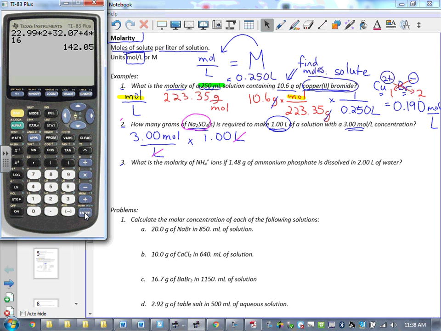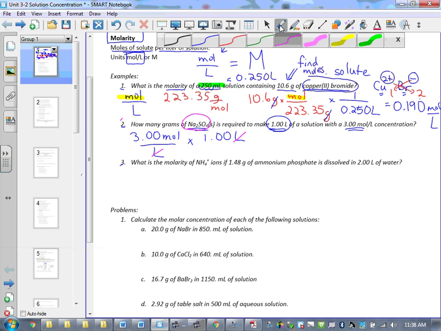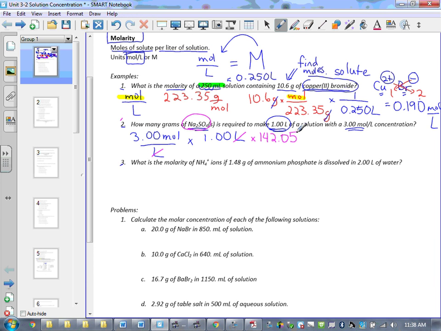So 142.05, I should have just trusted Katie, so we're going to multiply that by our moles. And its units are grams over moles. So what happens to our moles? They cancel. Boom, gone. And now I have the mass of my sodium sulfate, which is what I wanted to figure out in the first place.